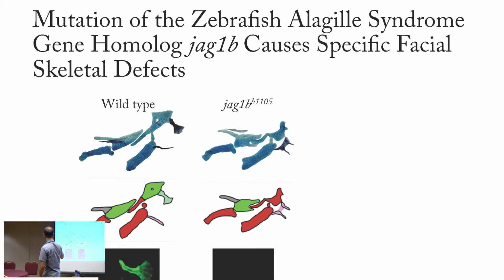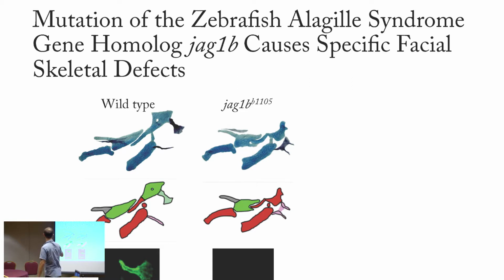We found one mutation that was quite interesting because it affected really only 2 of these skeletal elements. You can see that this element here and here, their shape became very different when we lost this gene. We later found out that this is a complete loss of function of the zebrafish equivalent of the jagged 1 gene. And so really this was our entry into studying jagged 1 function and the connection to Alagille syndrome.